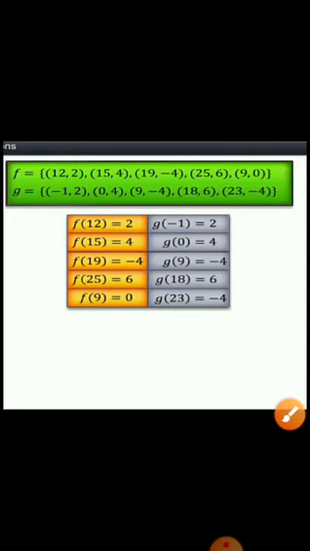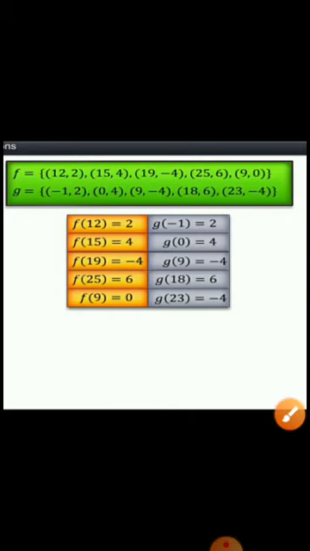Now check any two distinct elements. 12 and 15 are distinct. See the images, they are also distinct. If I take any two elements of your domain, the images are also distinct, and hence we can say that f is a 1-1 function.